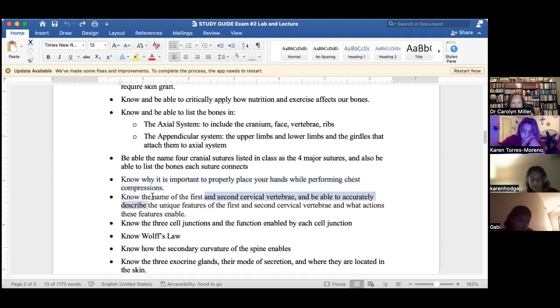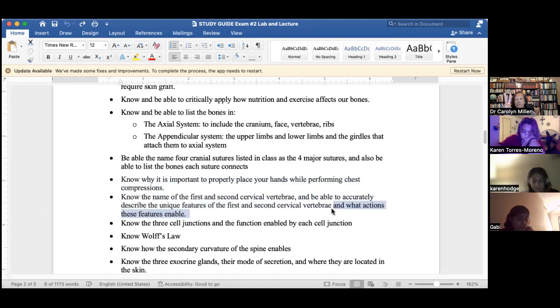Know the name of the first and second cervical vertebrae, and be able to accurately describe unique features and what actions these features enable. So this is a three-part question. The first cervical vertebra is the atlas.